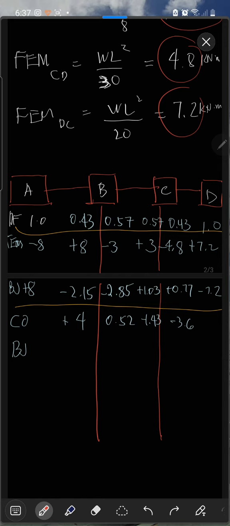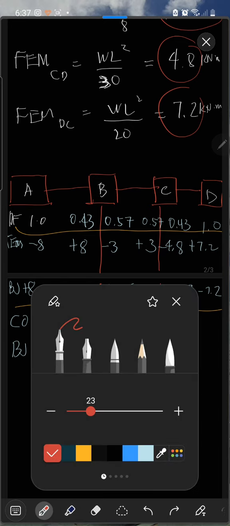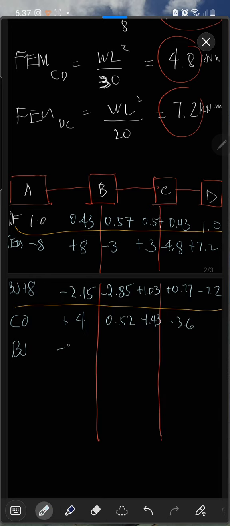Okay, so 4 plus 0.52, we have 4.52 times 0.43, we have 1.94 positive, so we have a negative 1.94. And same, 4.52 times 0.57, we have 2.57 positive, so negative 2.58.